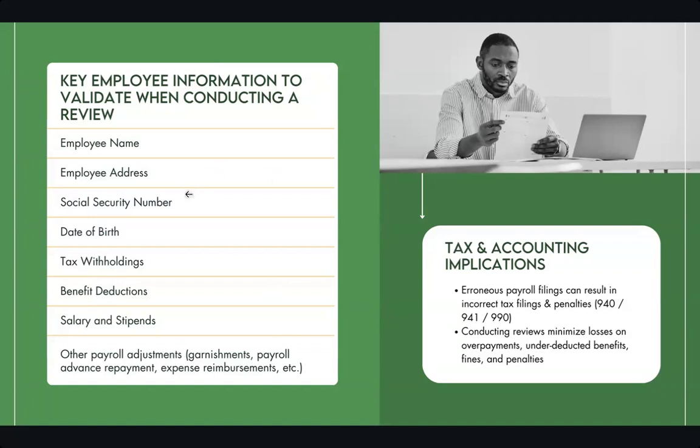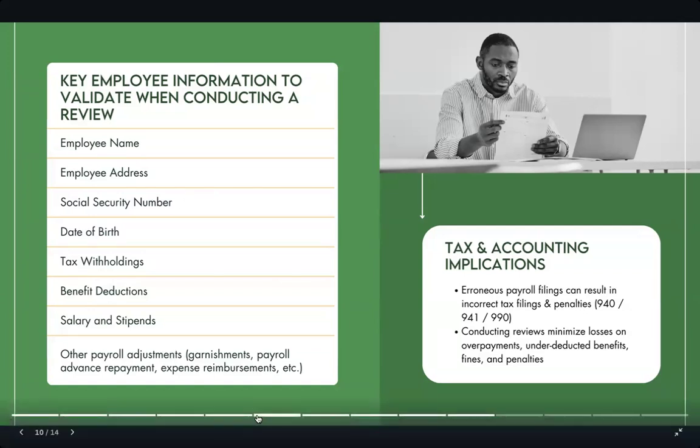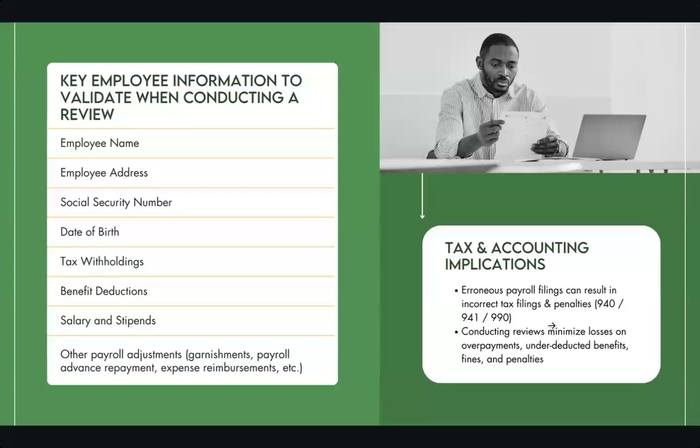The implication, if that information is incorrect, is that it could result in erroneous payroll filings. So your 940 and 941, which are due on a quarterly basis, and then your 990, which is due on an annual basis. If you have an error in any of that information, it can result in overpayments to employees and underpayments of taxes.